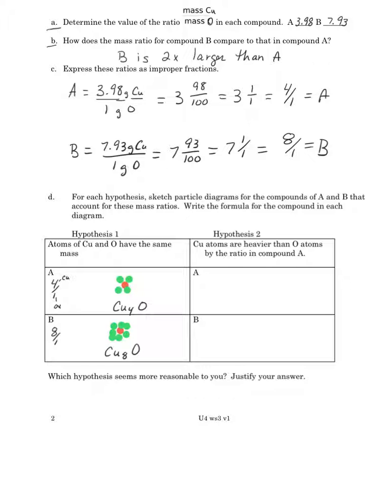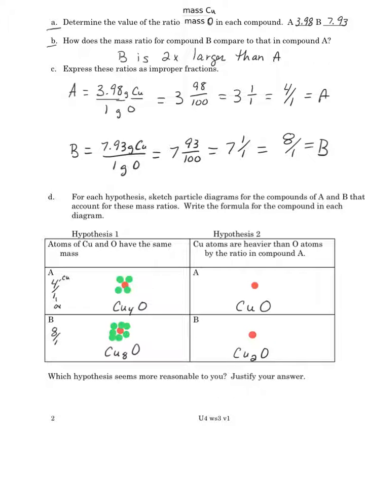For compound A, again, I'm going to go for the smallest ratio I could have, and that would be just Cu and O. For compound B, I know I have 2 times more copper than I do oxygen, so that would be Cu2O. And now I'm just going to draw these. My oxygen. And there's my oxygen for compound B.